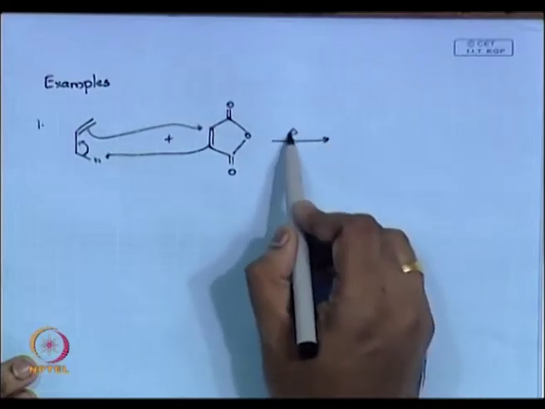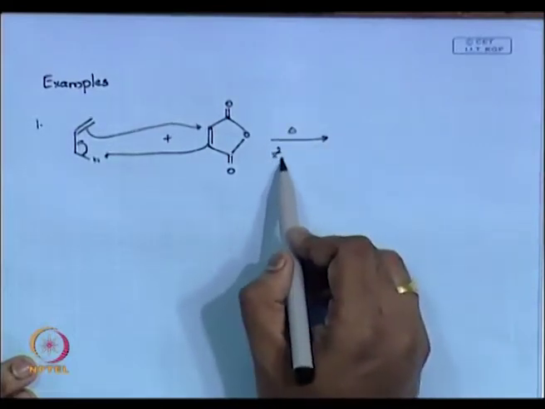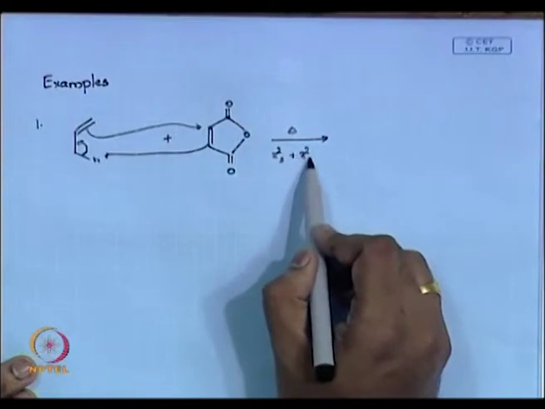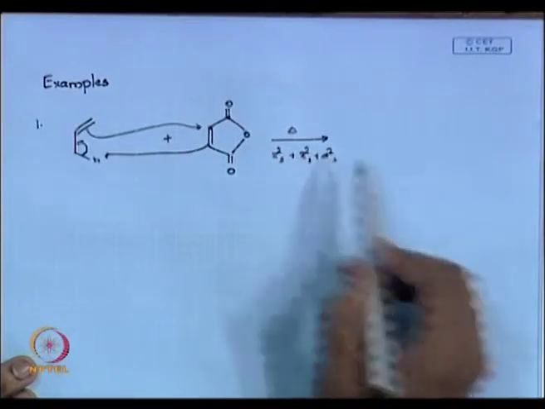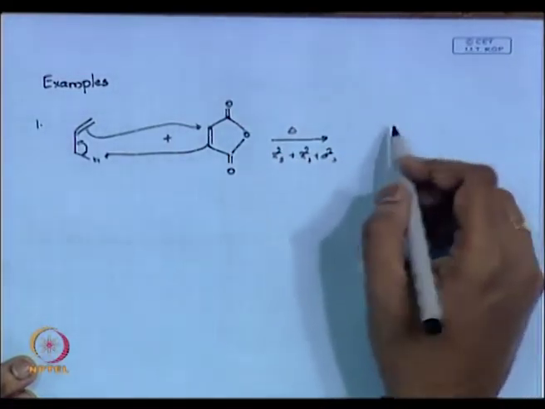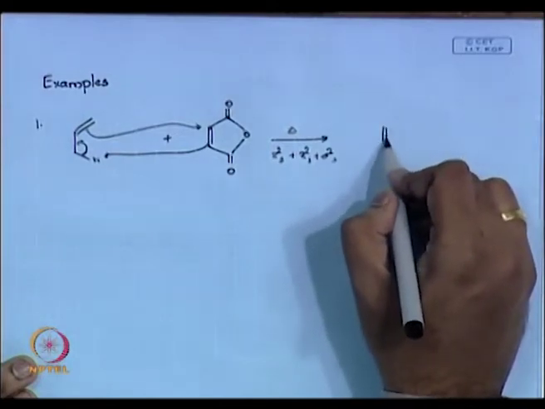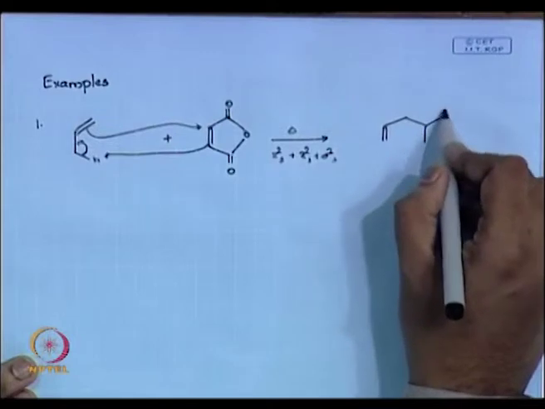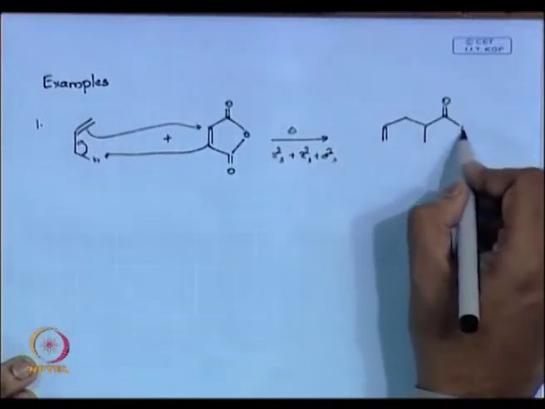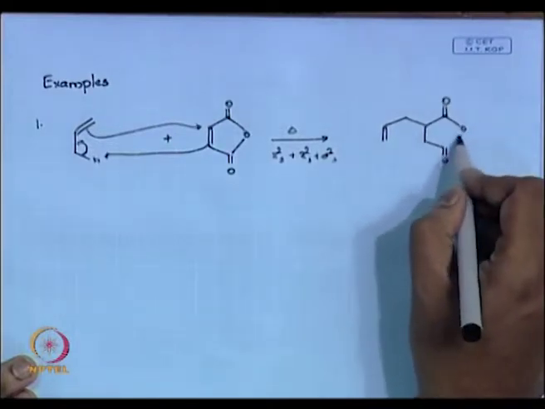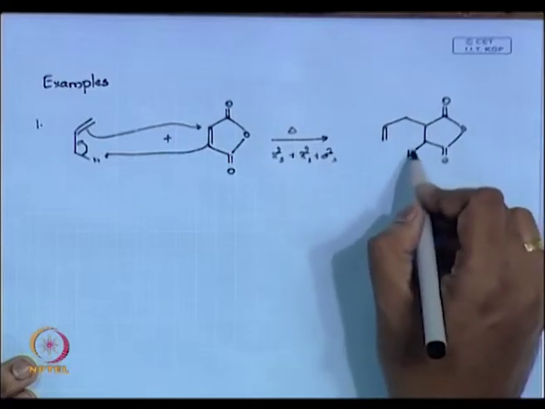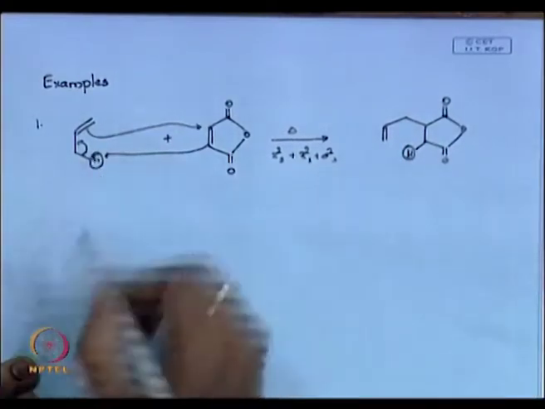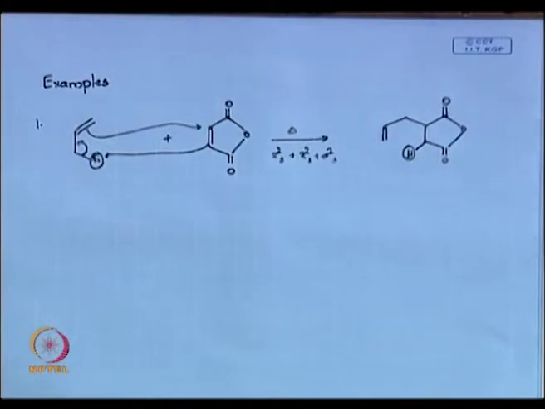On heating, you can say it is pi 2s plus pi 2s plus sigma 2s, and you can write your product. And this is the hydrogen which has been shifted, migrated, and this migrates suprafacially, more like your 1,5 shift.